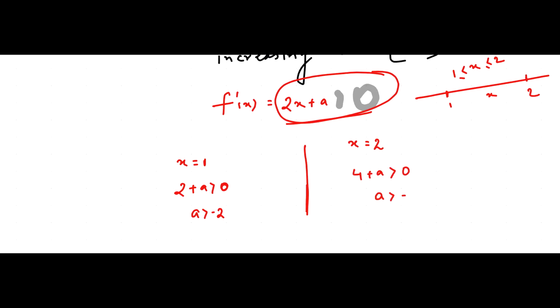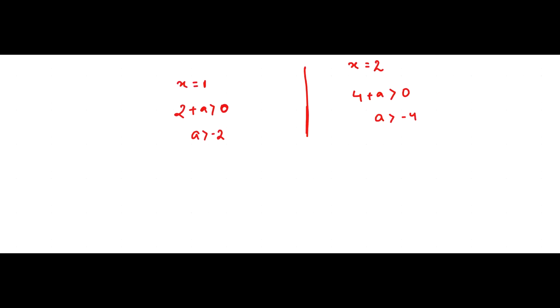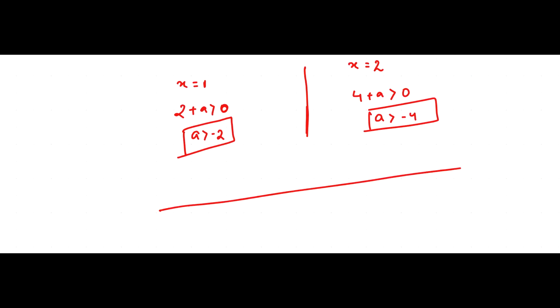Yes, ma'am. Now I will represent these inequalities, which you have learned in the previous class, the inequality chapter: find the common solution. On the number line, a is greater than minus 2, so somewhere minus 2 is there, a hollow circle, and a is bigger than that, in this direction. Right, Fatima?